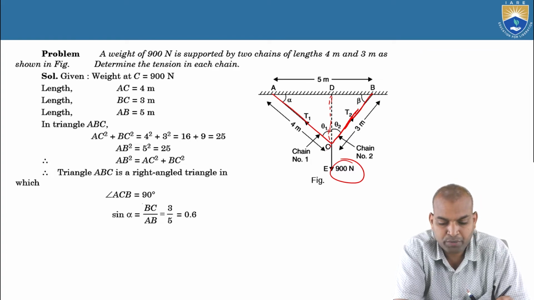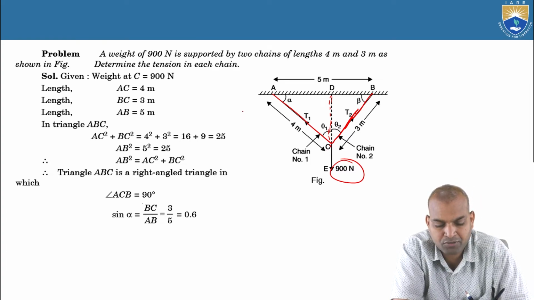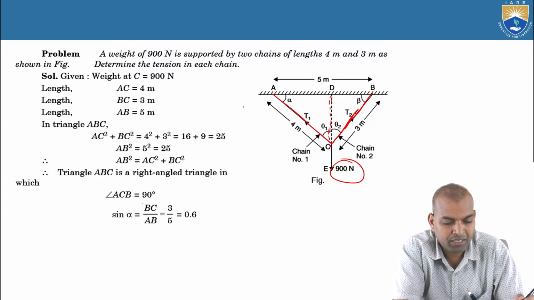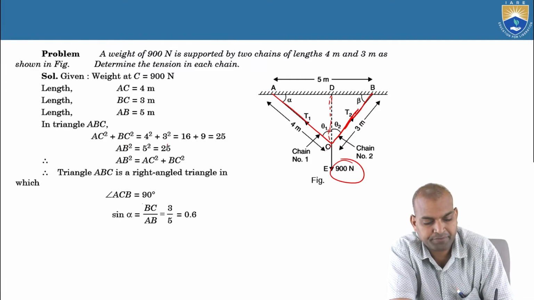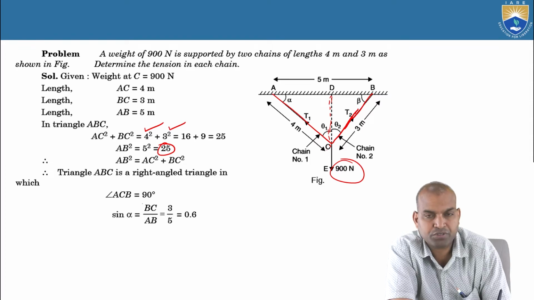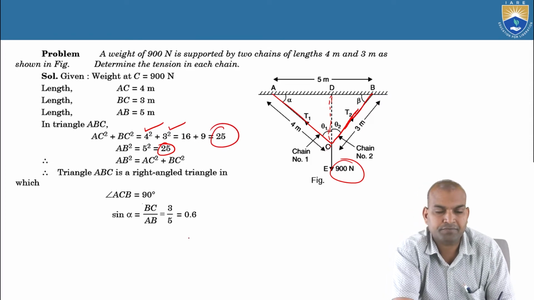Now let us use the Pythagoras theorem: AB square equals AC square plus BC square. AB square equals 5 square, that is 25. And AC square plus BC square is 4 square plus 3 square, that is 25.